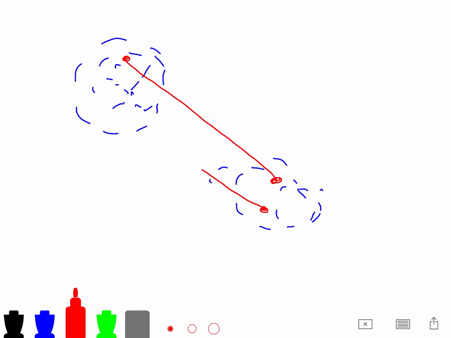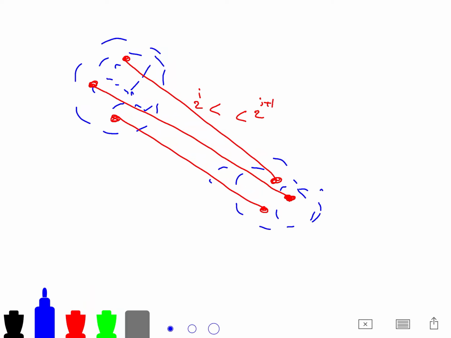So you try to find all of these pairs whose distance is between 2 to the i and 2 to the i plus 1. You don't collect other pairs because, from an information theoretic point of view, those two points don't give us any information.